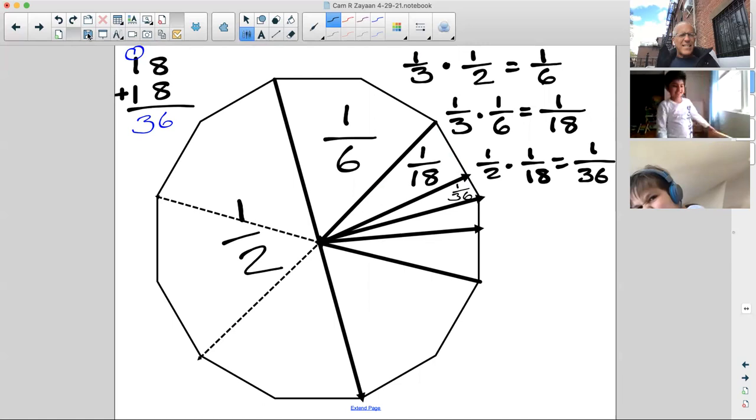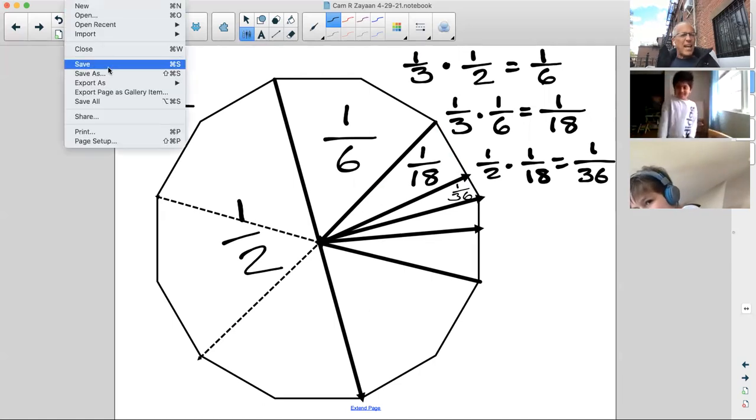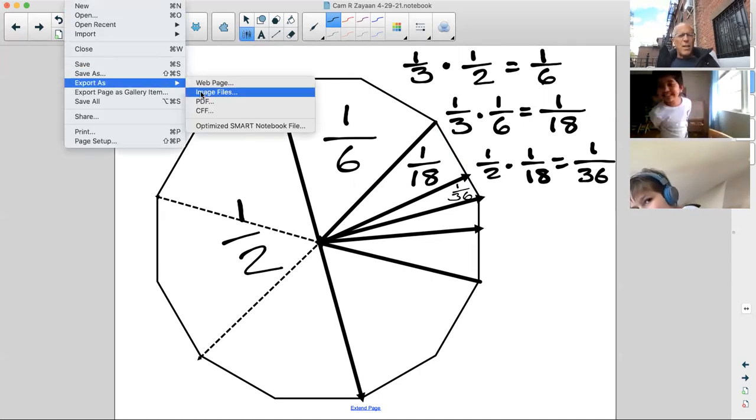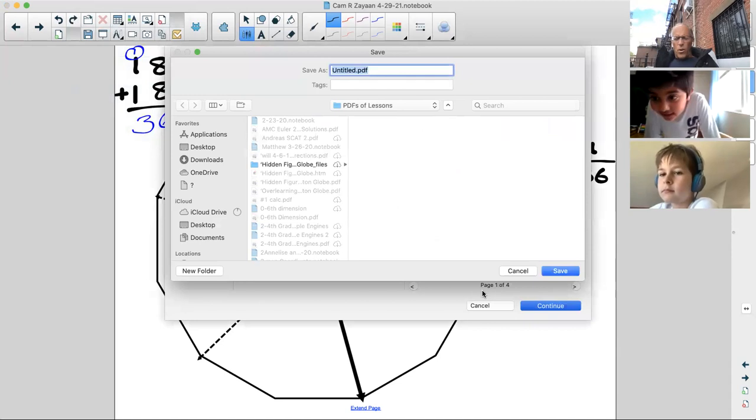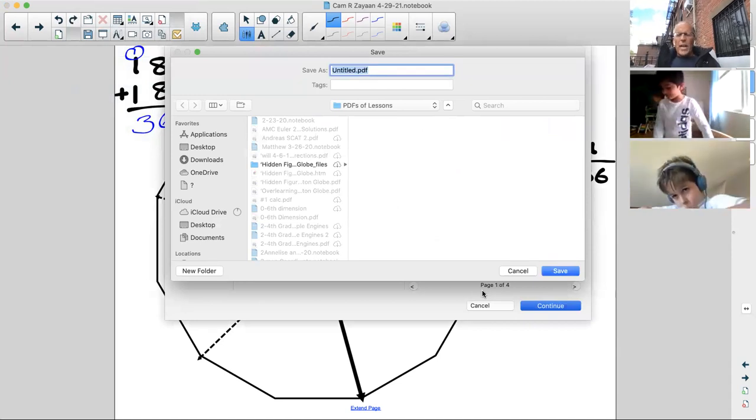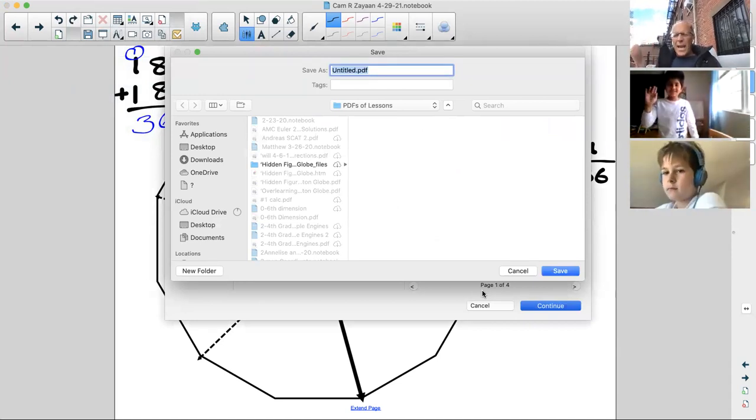That was the best 18th I've ever tasted. Do you think that food fractions are your next step? Okay. Practice, and if you want to bake a cake, you can send me a picture before next week.